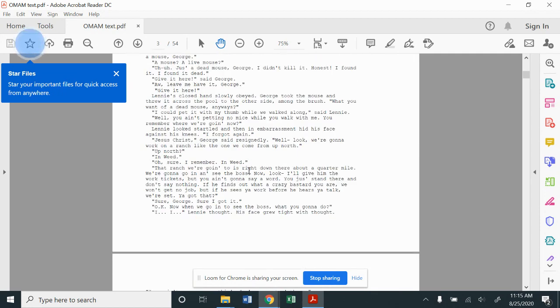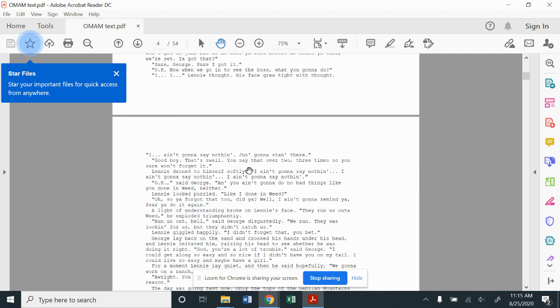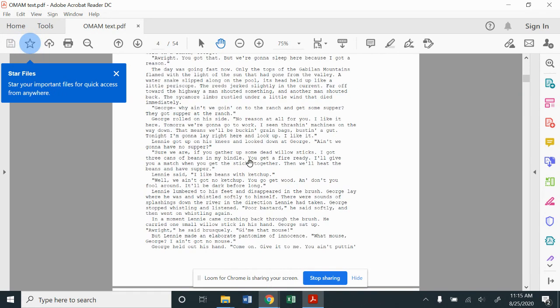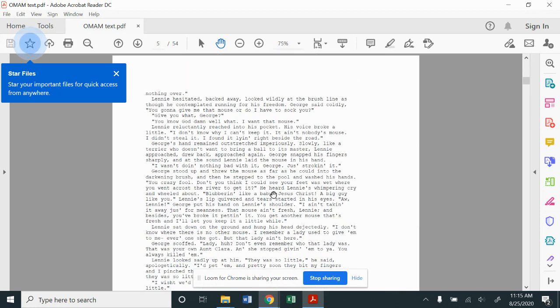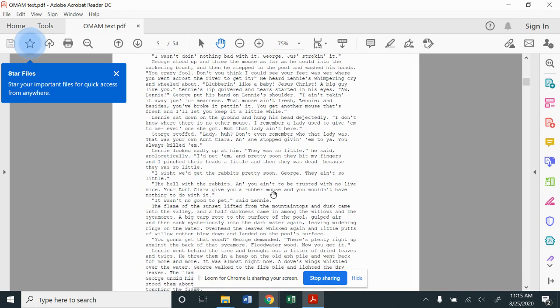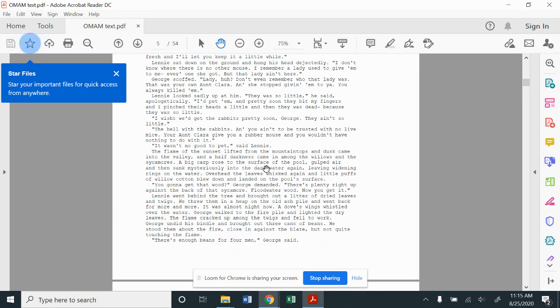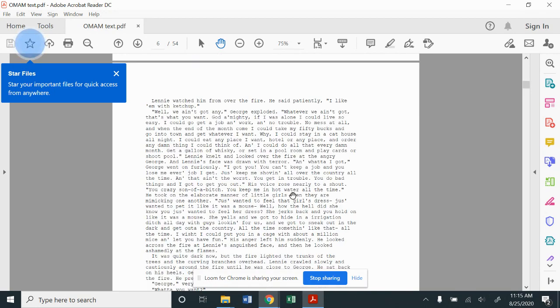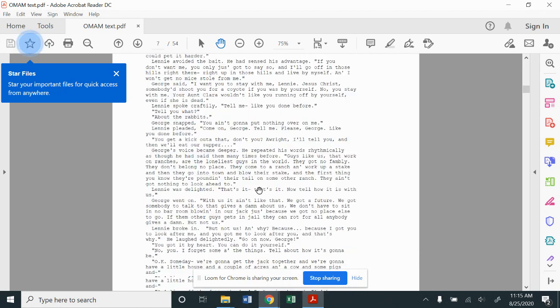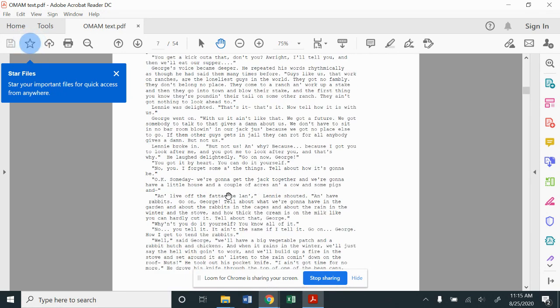They begin to talk about the farm. His face grew tight. Oh, this is when they were arguing about the beans and ketchup. If I come down here, they're talking about the hell with them rabbits, and good, there'll be beans for 4 men. I'm going to find the place where we'll get a little. Oh, here it is. And living off the fat of the land.